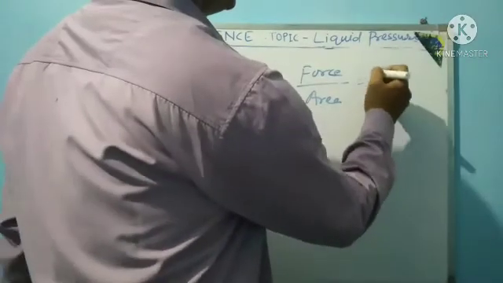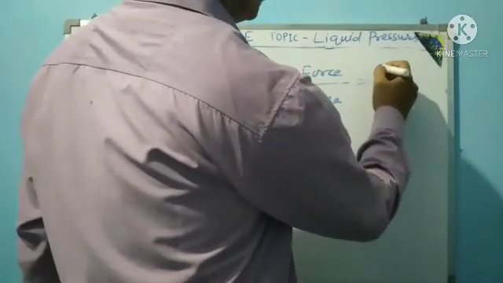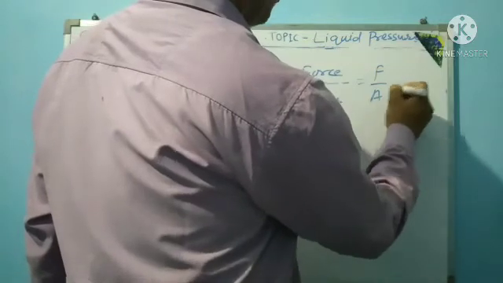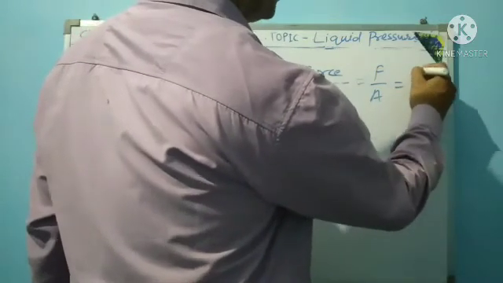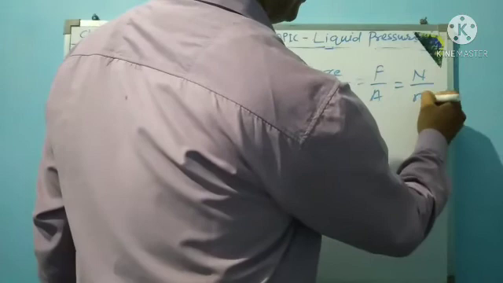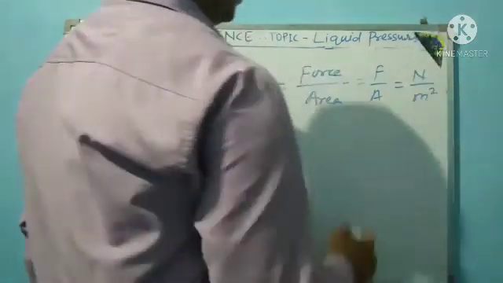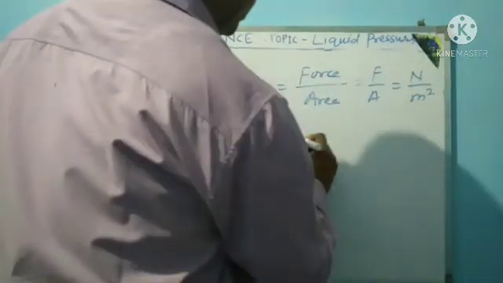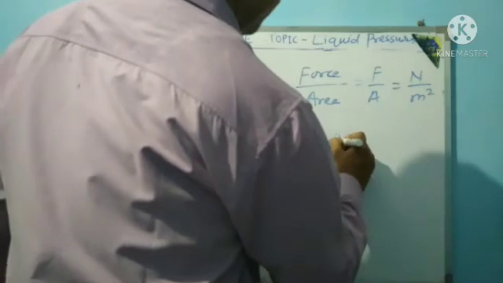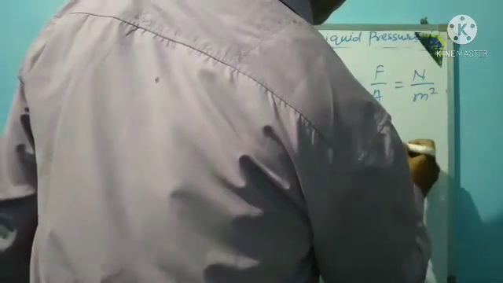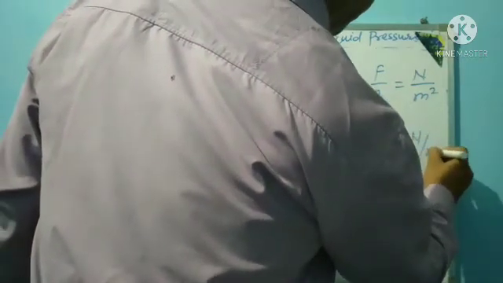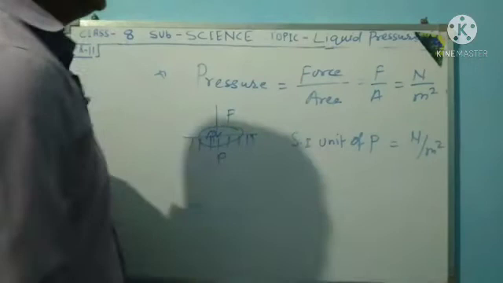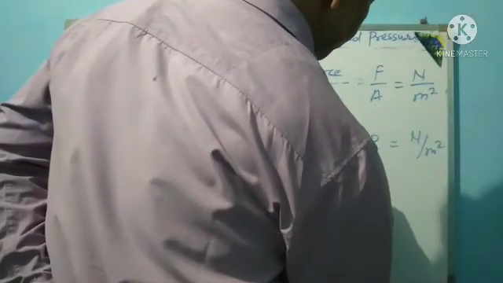Pressure is force F by A. The unit of force is Newton, the unit of area is meter square. So the SI unit of pressure equals Newton per meter square, that is called Pascal.